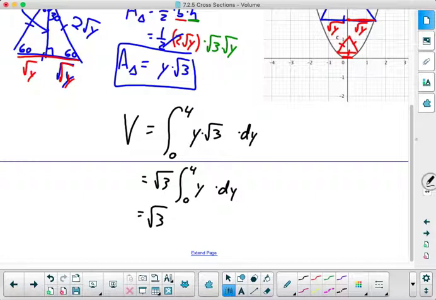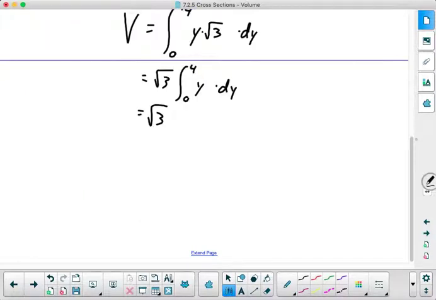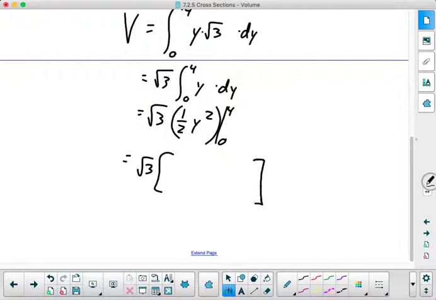But I'd actually end up with 1/2 y squared, evaluated at 4 and evaluated at 0. So square root of 3. If I plug in 4 squared, I'll get 16. But then I take it times 1/2, which is 8. And so I'm going to have 8 minus 0. And actually end up with 8 square roots of 3 units cubed.